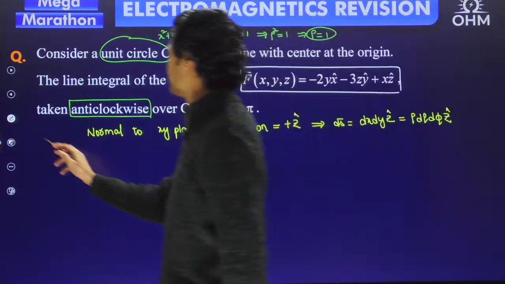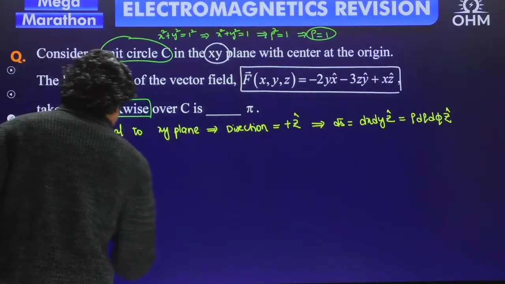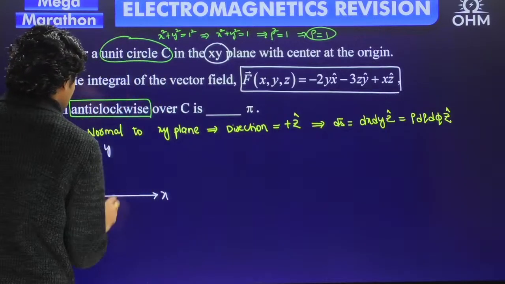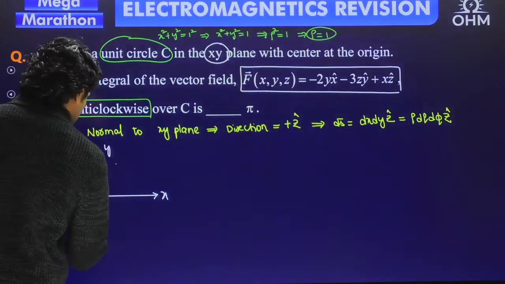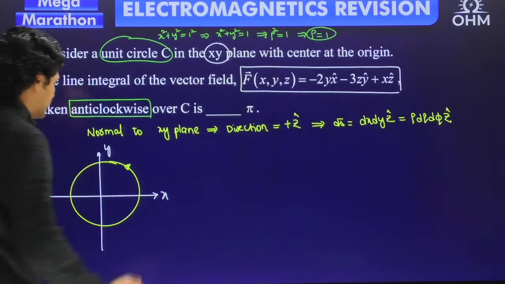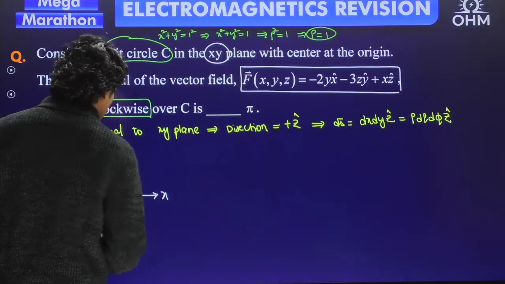So let us show the path on a diagram. This is the x-axis, this is the y-axis, and this is the path, taken in the anti-clockwise direction. Why is this important? Let us see. The radius of this circle is 1.